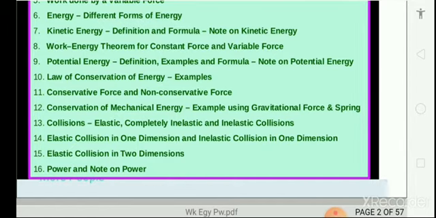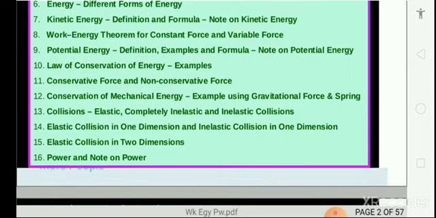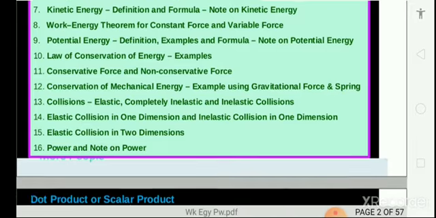Collisions, considered as elastic, completely inelastic or inelastic collisions and their examples, practicals, demonstrations, etc. Elastic collision in one dimension and inelastic collision in one dimension. Elastic collision in two dimensions, what happens? We will learn that. Power and a note on power.